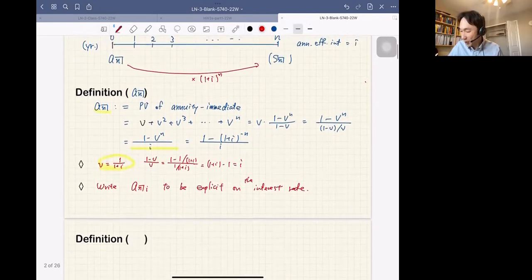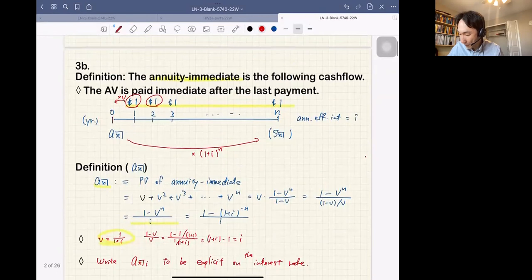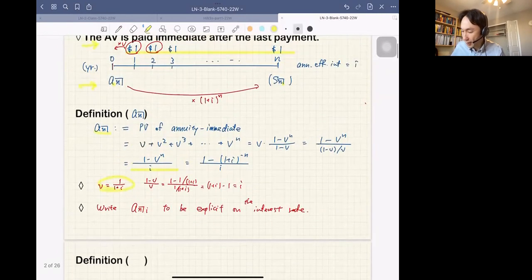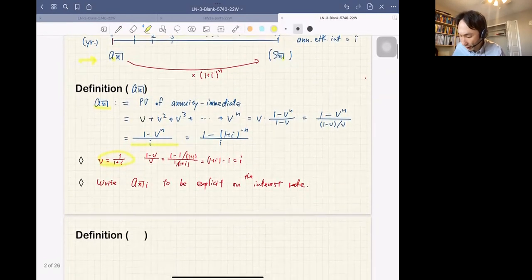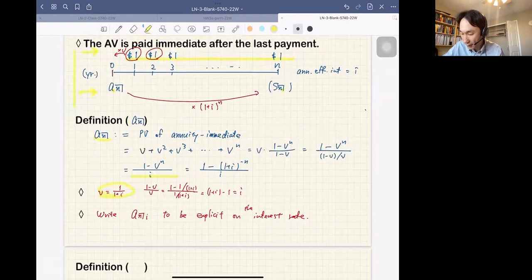Usually I put one in parentheses so that the cash inflow and cash outflow match. If I write this and this, it's confusing, so I just put one in parentheses. So either s angle n or s angle n in this time diagram.